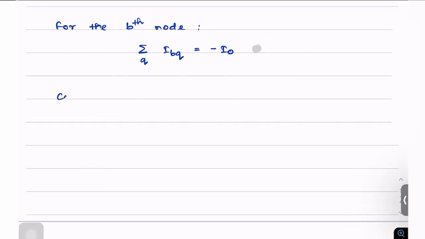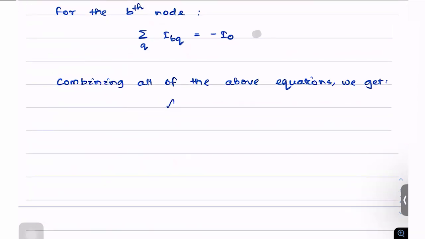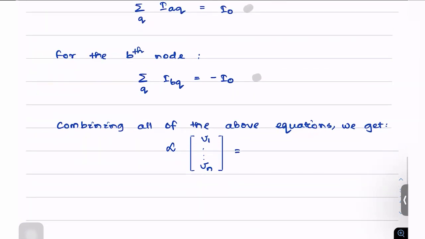Combining all of the above equations, we get L times [V1 to Vn] is equal to 0 for most of the nodes, and I naught for one of them and minus I naught for the other one.